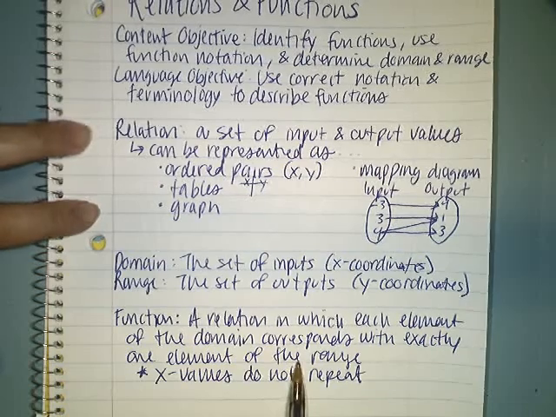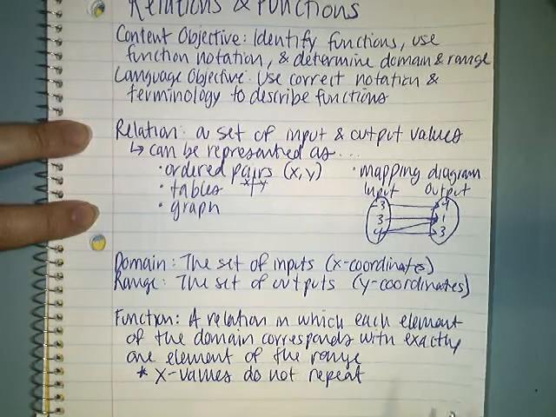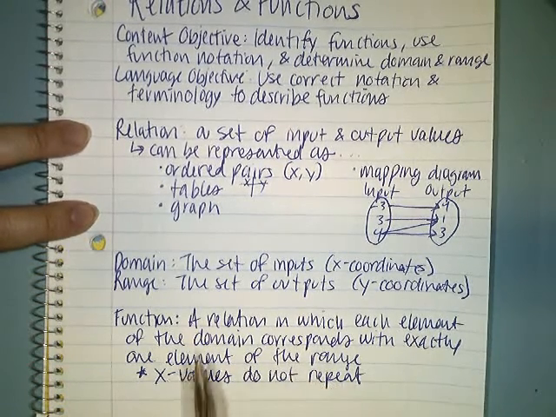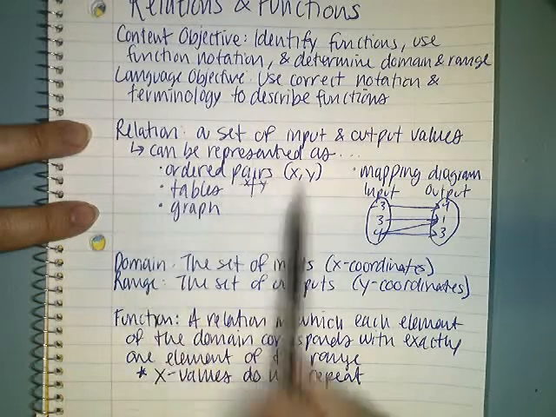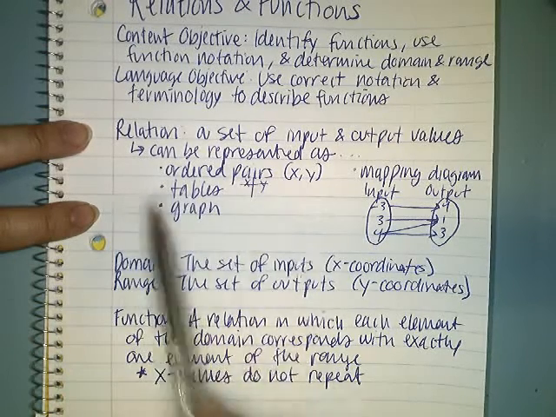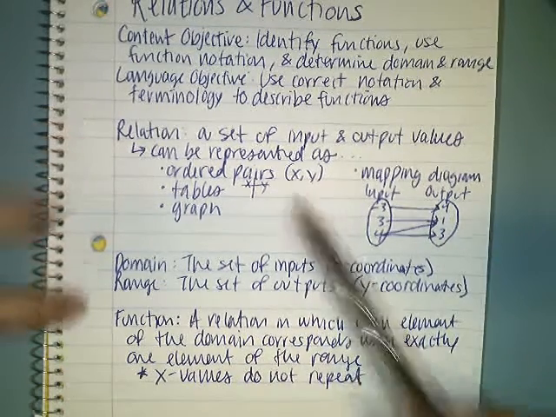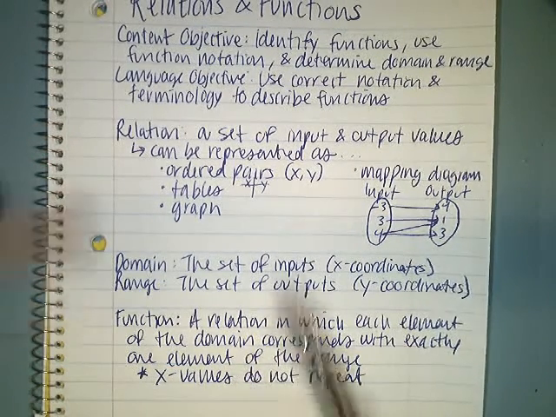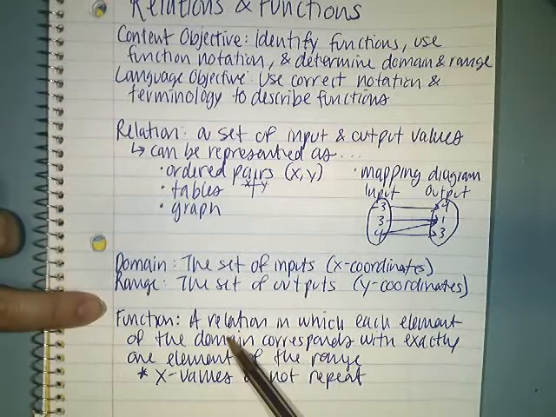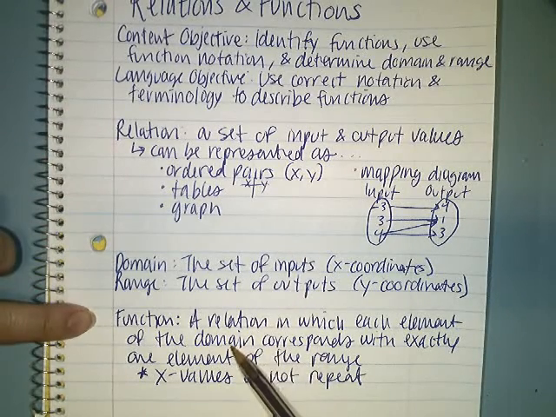A relation can be anything on a coordinate plane. You can have x's repeating as many times as you want. You can have whatever you want as long as it's just x and y. So relation is any sort of x and y combination or input-output combination. That's a relation. Whereas a function is a type of relation, so it's a subset within a relation.